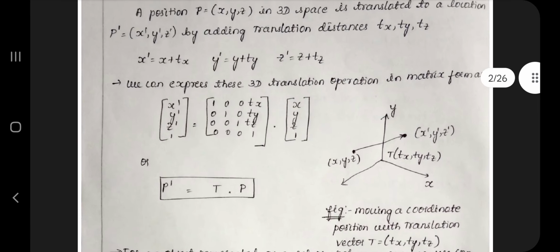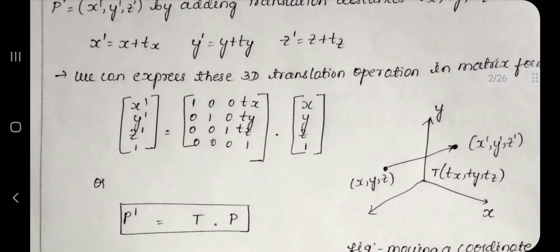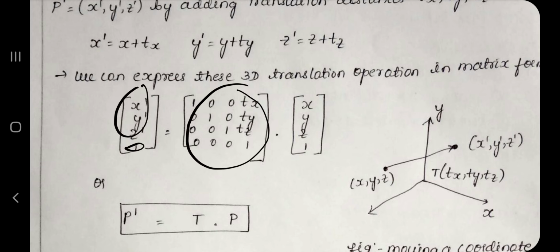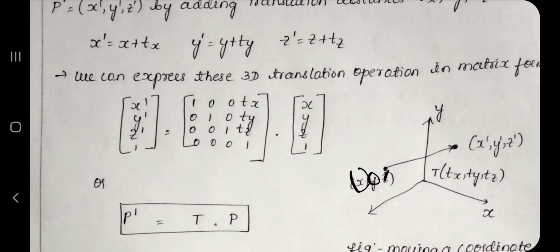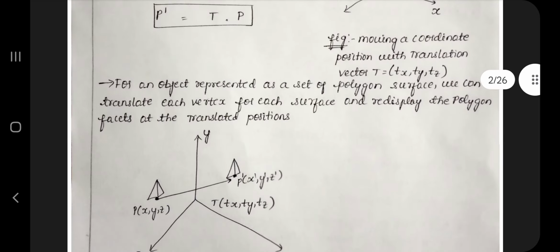3-dimensional translation is the same as 2-dimensional translation, it just becomes a 4x4 matrix, because x, y, z is coming, then 1 is coming. Here also this is the matrix and this is the point. Wherever you have to perform the translation, you multiply this matrix with this one and obtain the final points. For x, y, z you obtain some final points after tx, ty, tz transformation, and that is known as 3D translation.